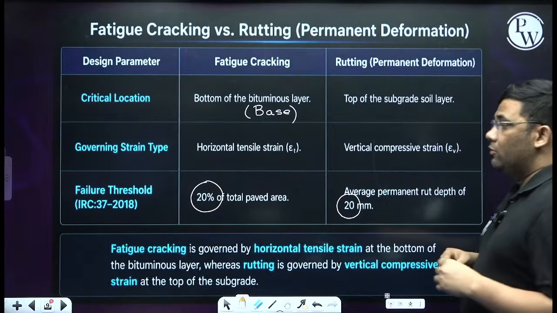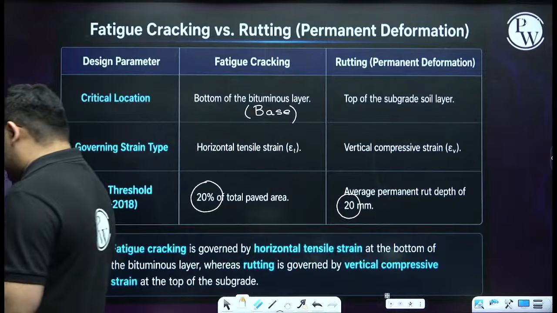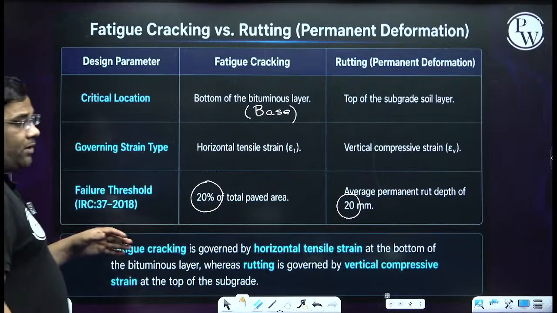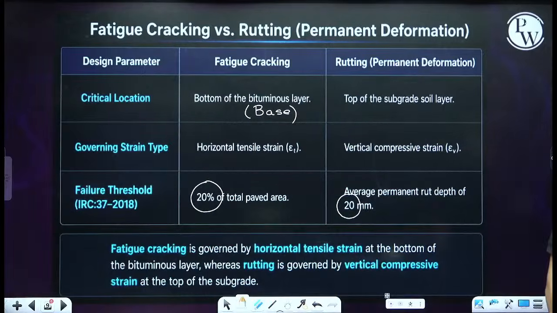Then we are talking about the permissible value of fatigue cracking and the permissible value of the rut depth, which is the failure criteria, or how much is allowed. For fatigue cracking, we can have a percentage of the total area.